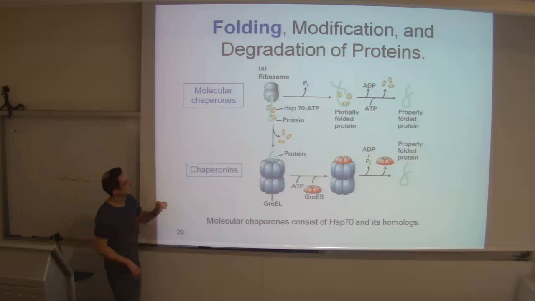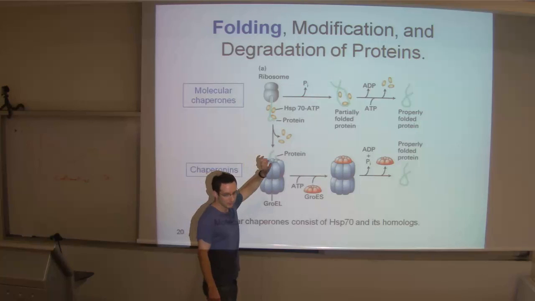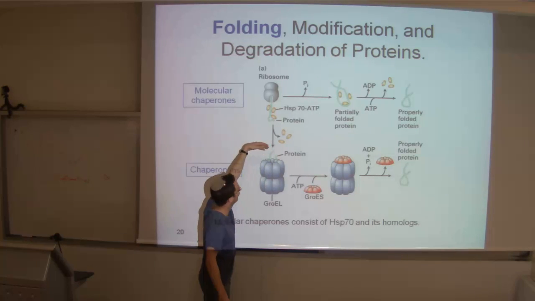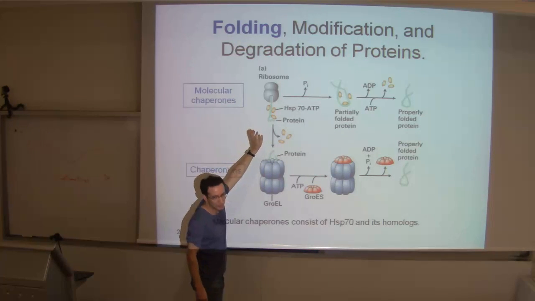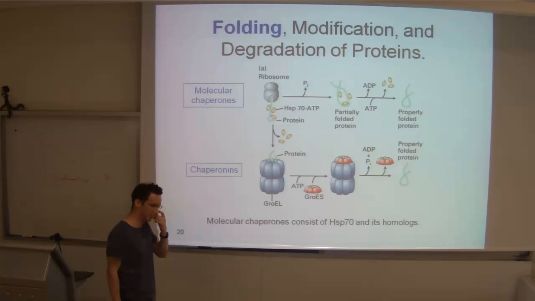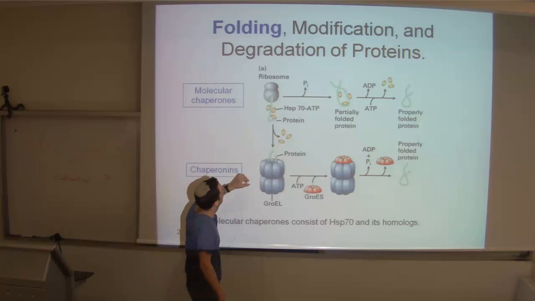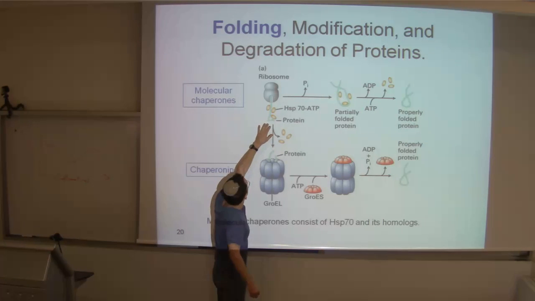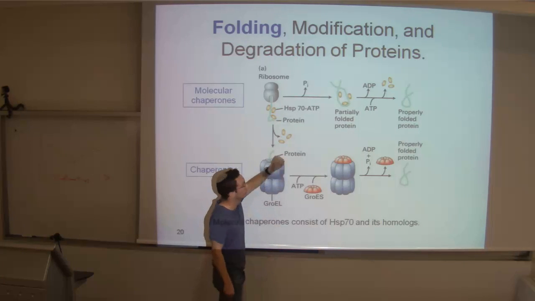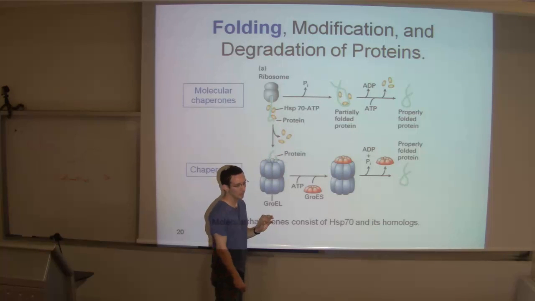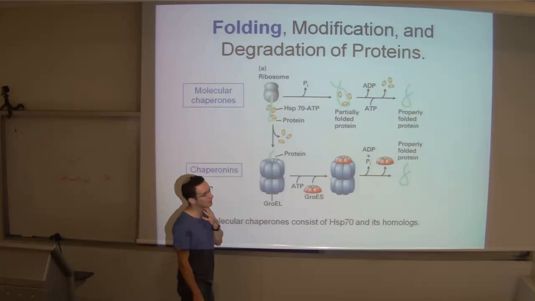For some proteins, as they are being synthesized by the ribosome, described as the two gray spheres, which is the machine that synthesizes proteins, linking one amino acid to another to make the polypeptide chain, molecular chaperones, the yellow spheres, bind them as they are synthesized.